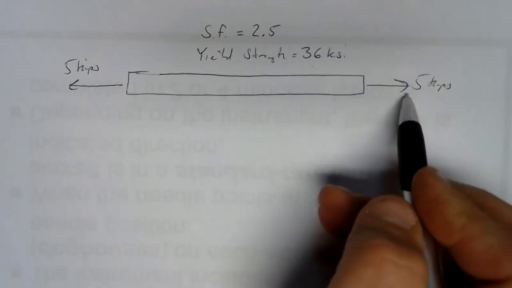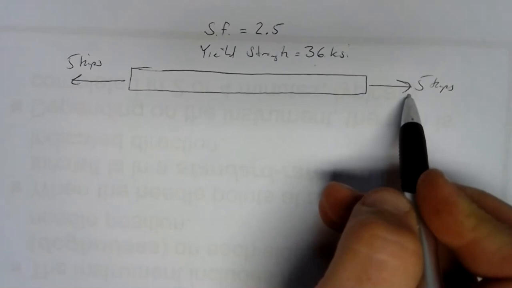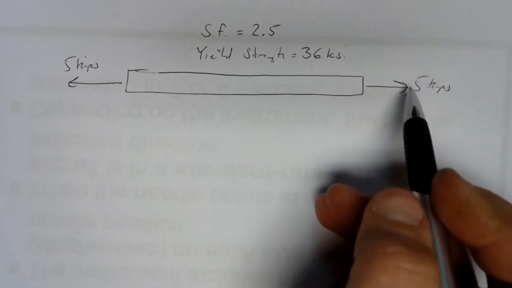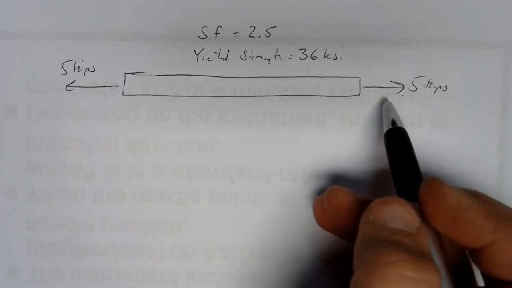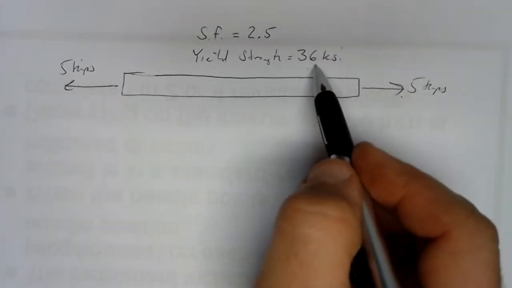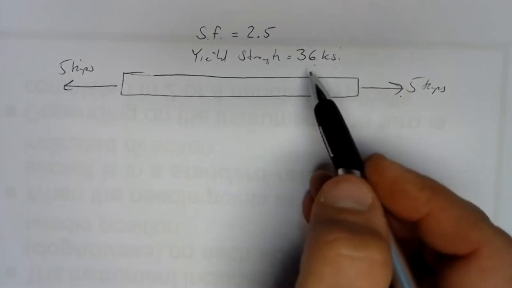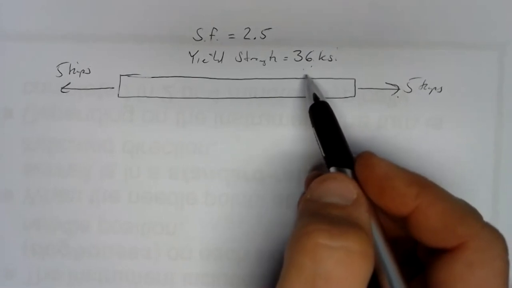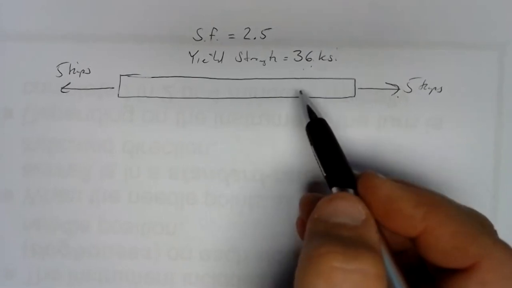We could, instead of dealing with 5 kips of force, deal with 2.5 times that. We go to a higher value. So we could say 12.5 kips, or we could reduce the strength of the material. We could say instead of 36 KSI, it only has 14.4 KSI.